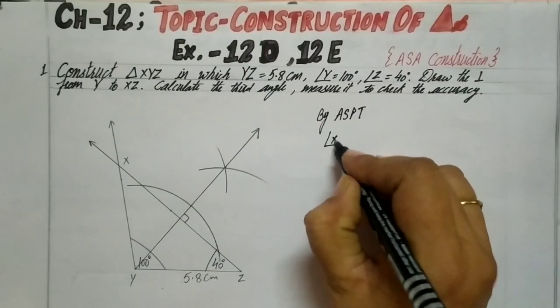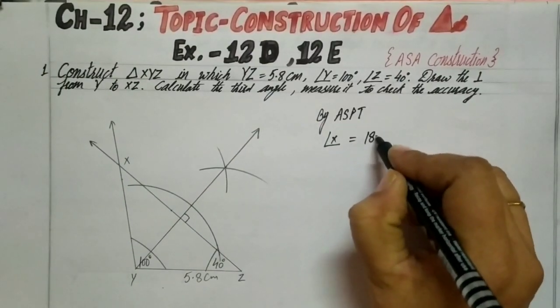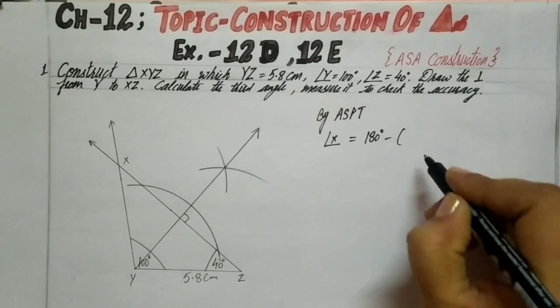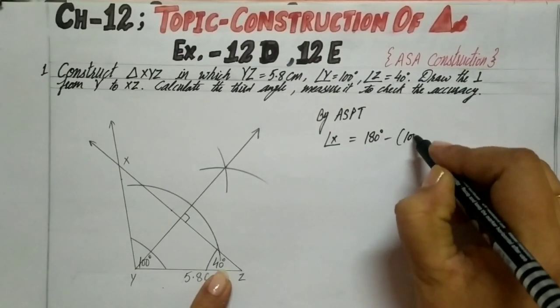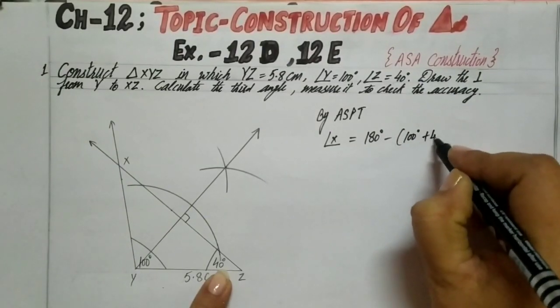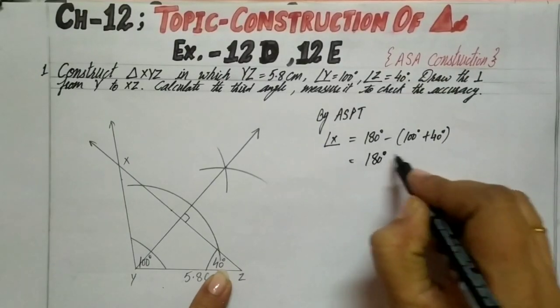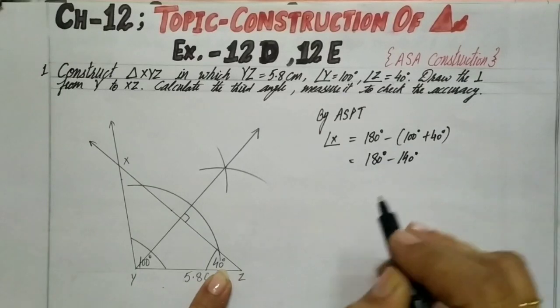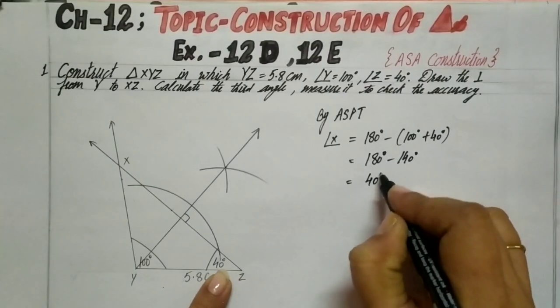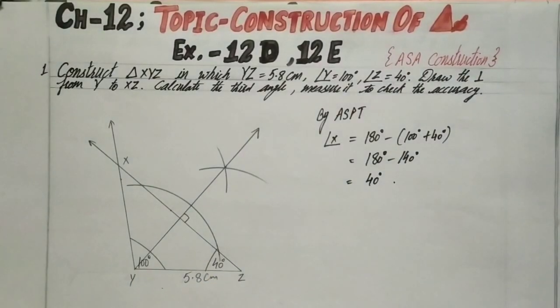Angle X is equal to 180 degrees minus the sum of the other two angles, means 100 degrees plus 40 degrees, minus 140. So the third angle must be 40 degrees.